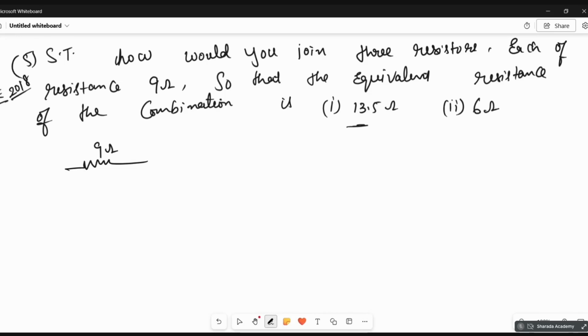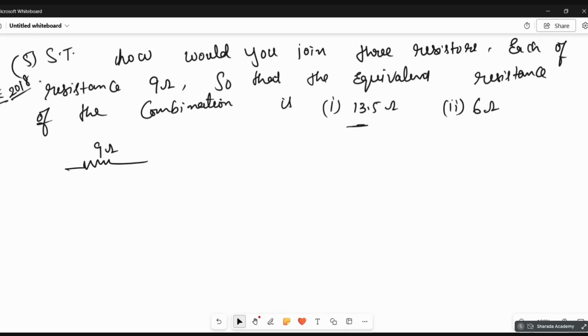Pavan, understood? First 10. Do it now. Anyone can try. It's fine. Either you put all three in series, all three in parallel, one series and two parallel, or one parallel and two series. Anything you want, you do. But they will give three resistors, each of value 9 ohms.